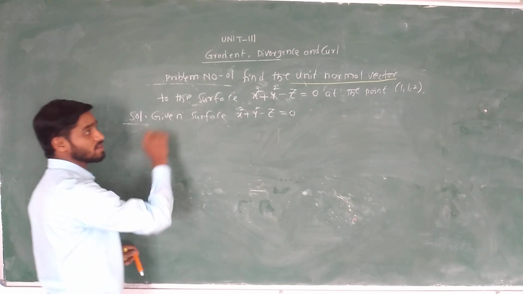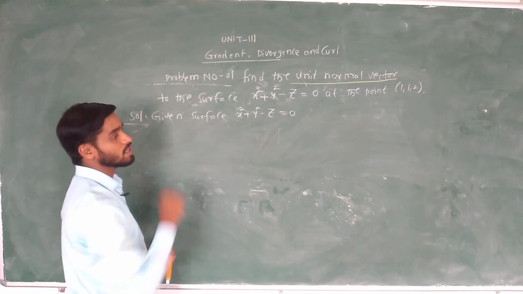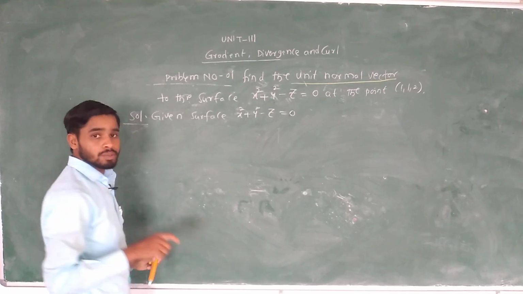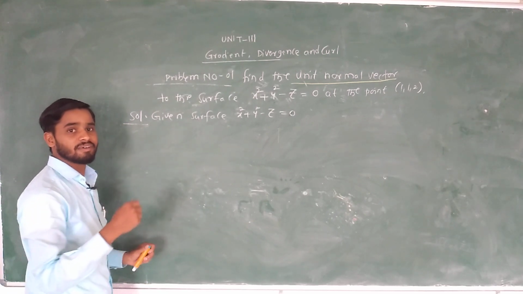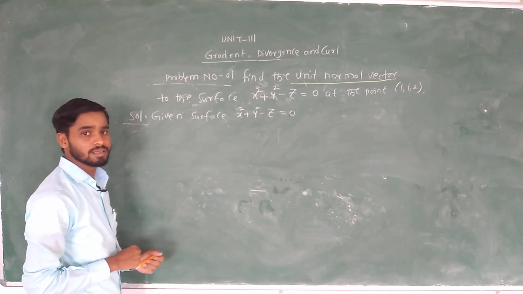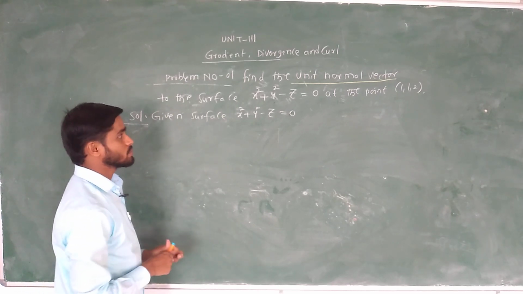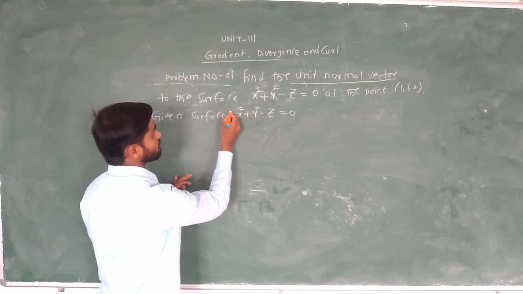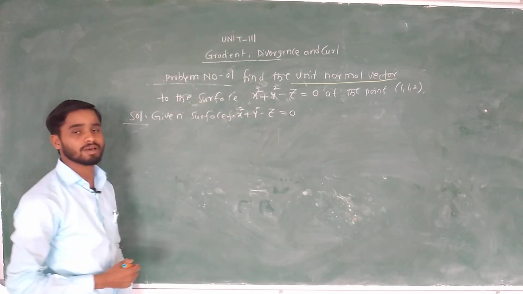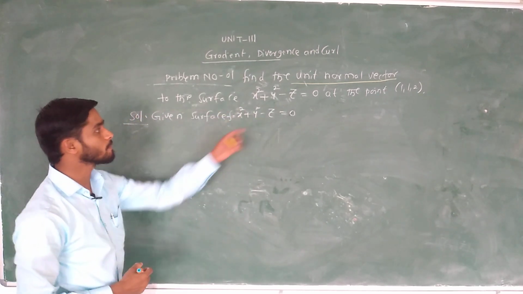Therefore, given surface x square plus y square minus z equal to 0. To find the unit normal vector, there is a formula. What is the formula? n cap is equal to del f by magnitude of del f. So consider f is equal to x square plus y square minus z equals to 0.